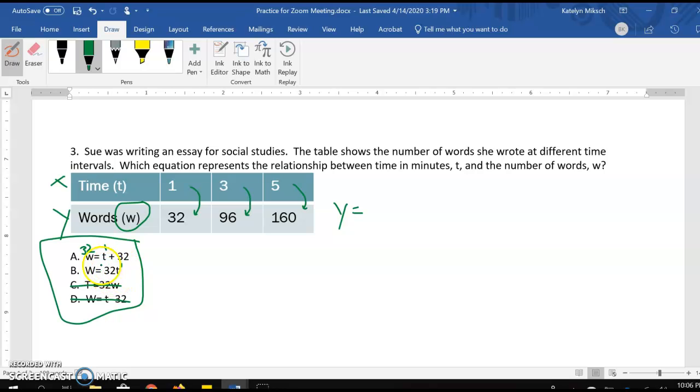This one, if I plug in my numbers from my table, would be 32 equals 32 times 1. That is a true statement, and we can check it with this next one as well. 32 times 3 would give me 96. So that's a good equation. That one is going to be choice B.